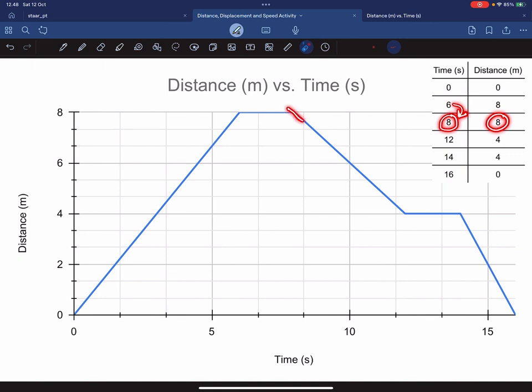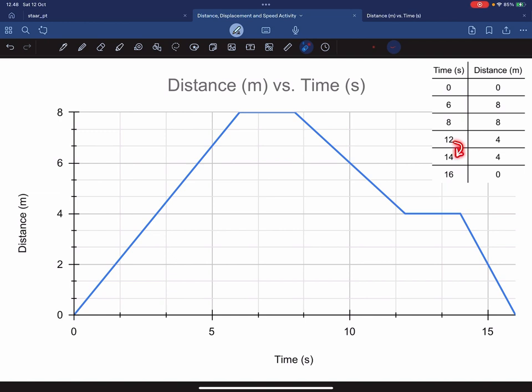So that is this point right here. Then you turn around and you walk back towards where you started. So you have a negative slope. It will take you 4 more seconds, to 12 seconds, to get back to 4 meters. That's that point right there.